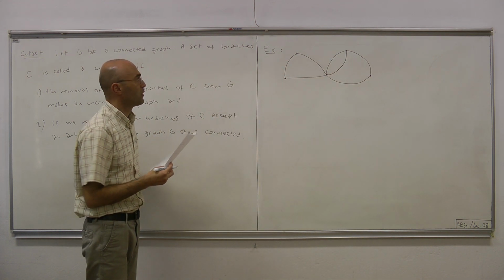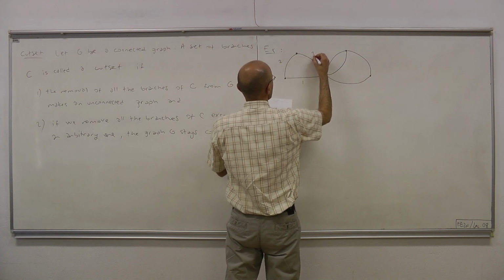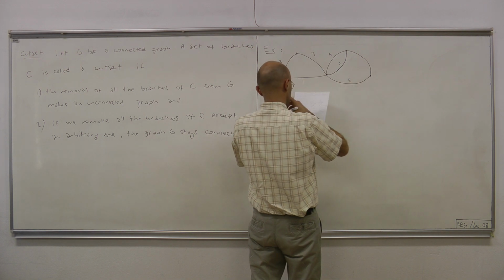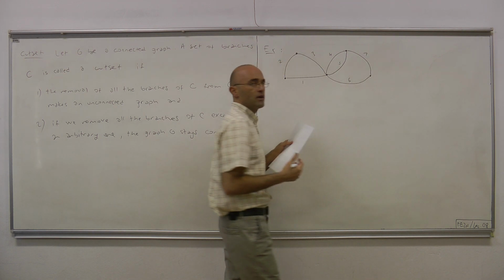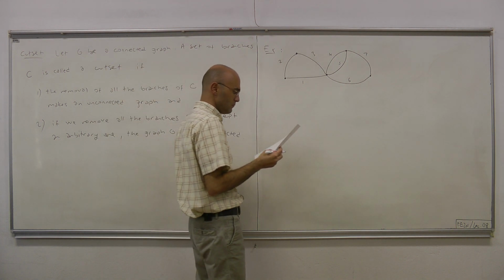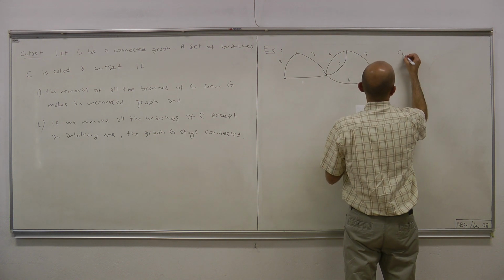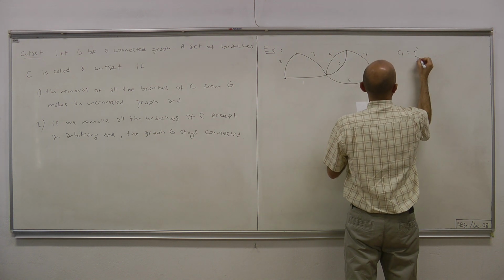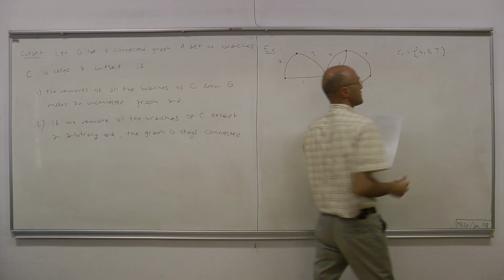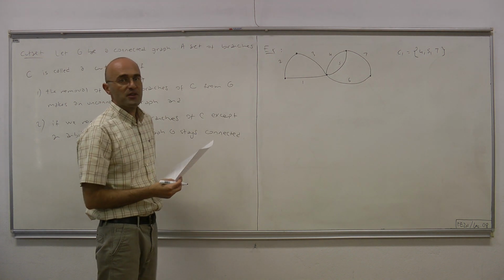The branches are labeled as, let's say, 1, 2, 3, 4, 5, 6, and this last one is the 7th branch. Now, here we have a cut set C1, 4, 5, 7. So that set of branches, 4, 5, and 7, makes a cut set.